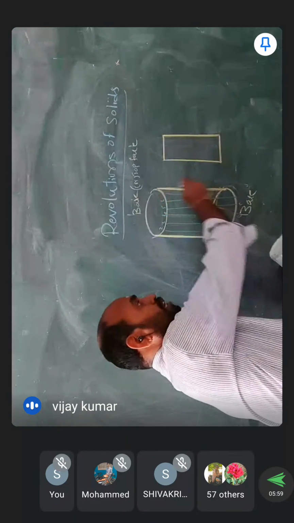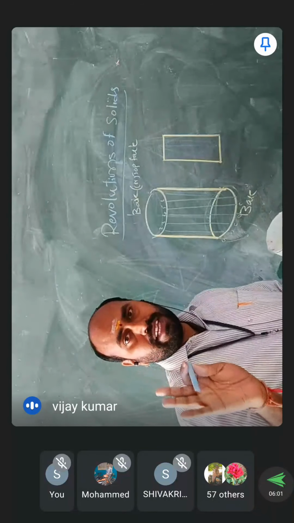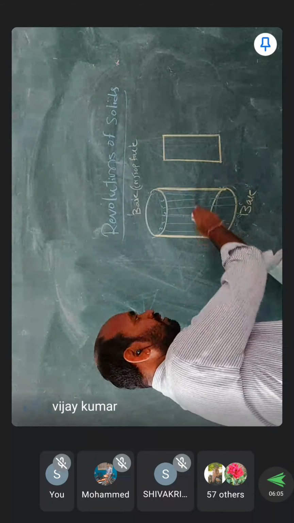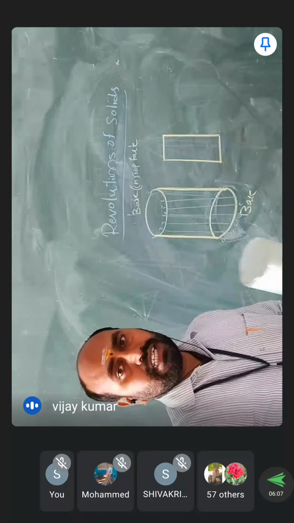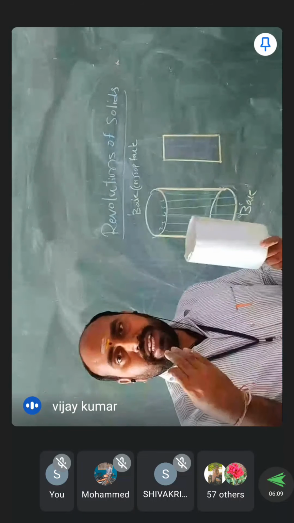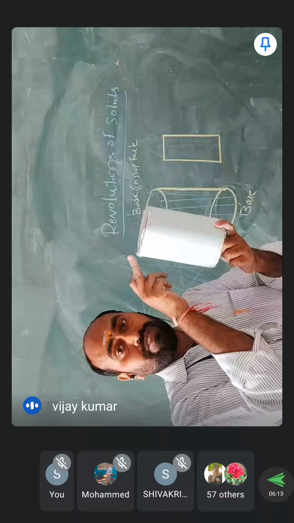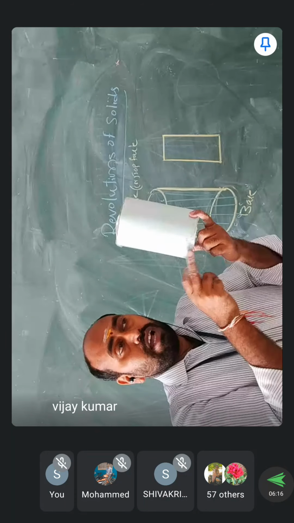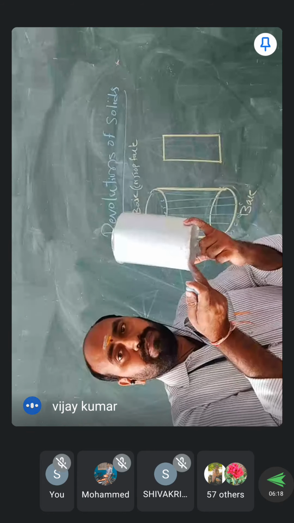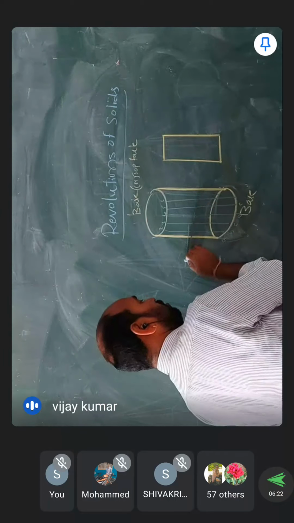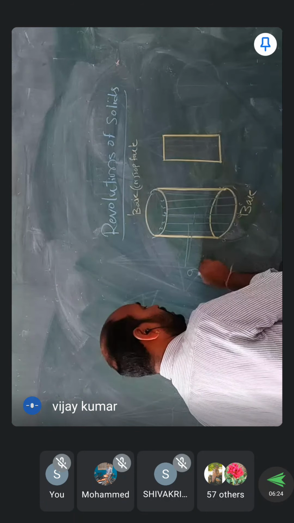These edges, shown in yellow color here, are thick lines; you have to use an HB or 1H pencil. But the blue color lines indicate the imaginary edges. The imaginary edges representing the circumference of the top and bottom faces are called generators. These are all called the generators.